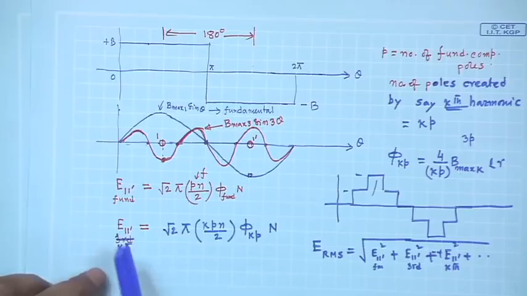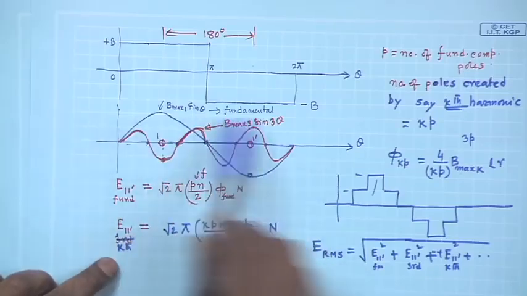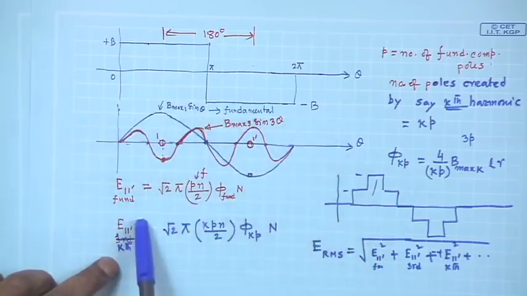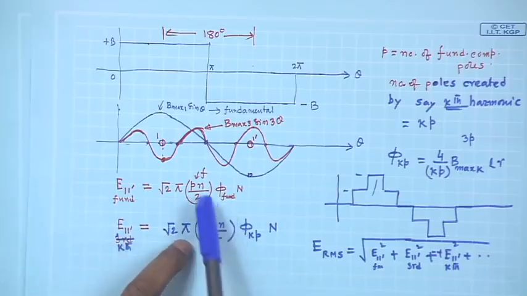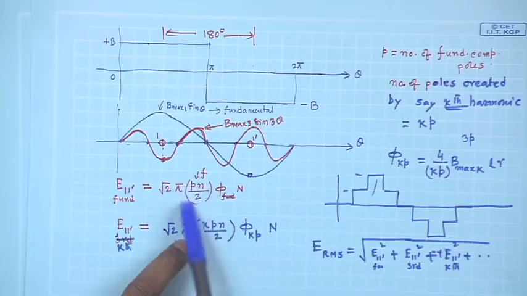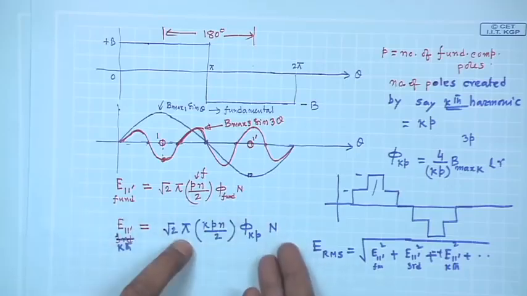Suppose I want to find out the RMS voltage contributed by the kth harmonic component of the B distribution. Then E 1 dash kth should be root 2 pi, and this is about the frequency term or the speed term n, and the number of poles of this machine is now K p, so far as the kth harmonic is concerned.